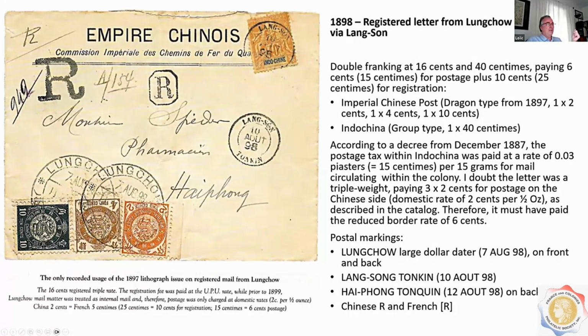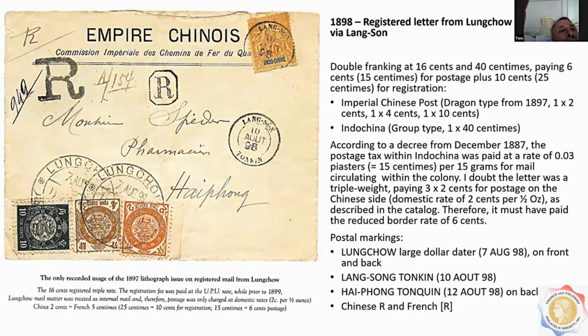You can see here the large dollar chop from Langzhou with the date of 7th of August, 98. On the back, there is an arrival cancel to Haiphong on the 12th of August. And then on the front here, you see the Indochinese stamp with 40 centimes, canceled in Langson on the 10th of August.